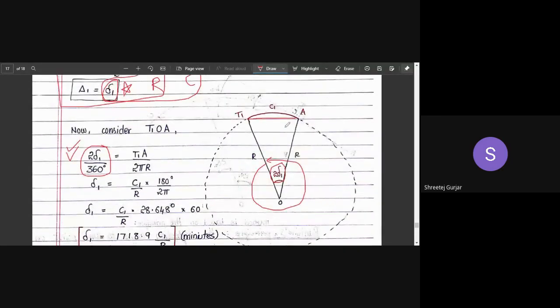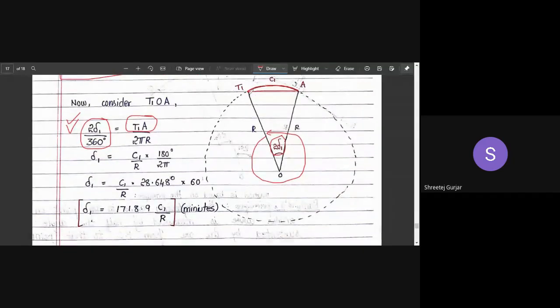Okay, next, dealing with the length of your arc. So length of your arc, first this I will write as T1A. Length of the arc is T1A. I have written in numerator, and the length of the perimeter of this whole circle, which this sector is a part of. We know the circumference is 2 pi r, correct?